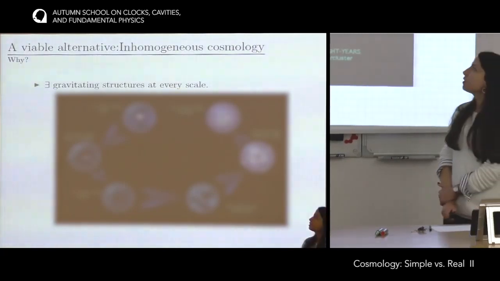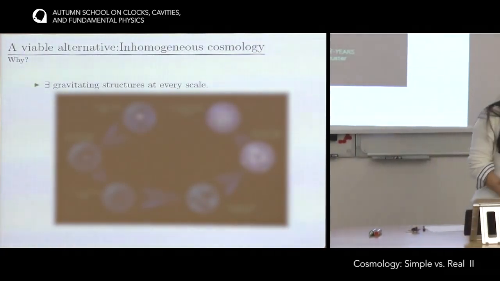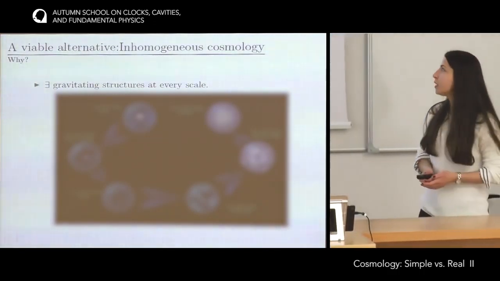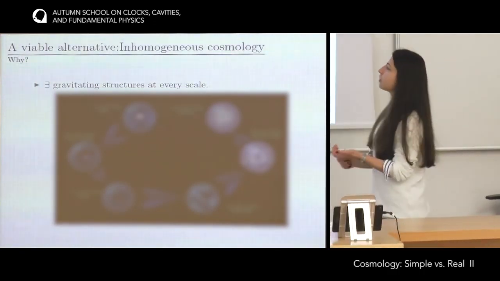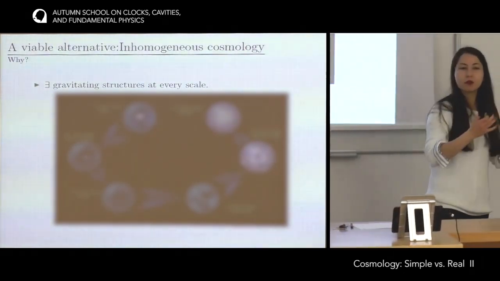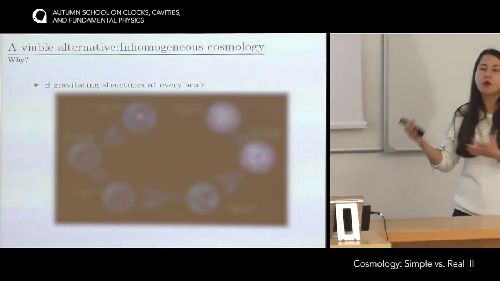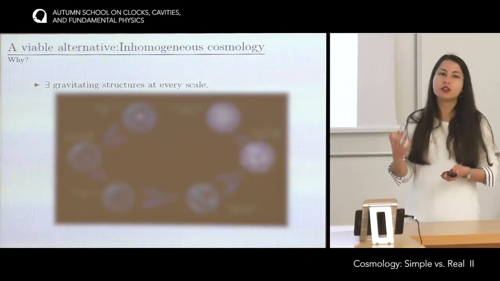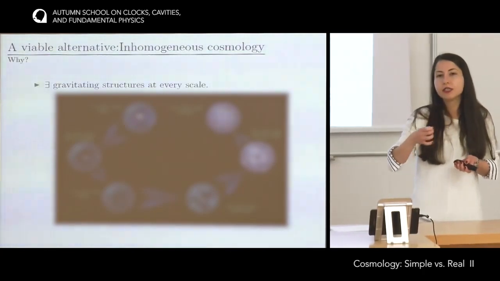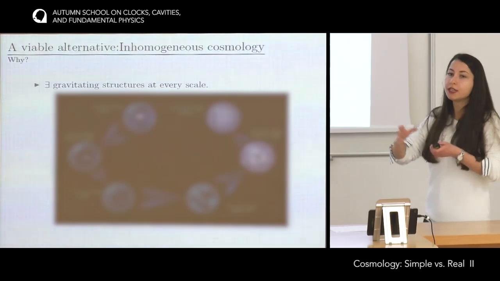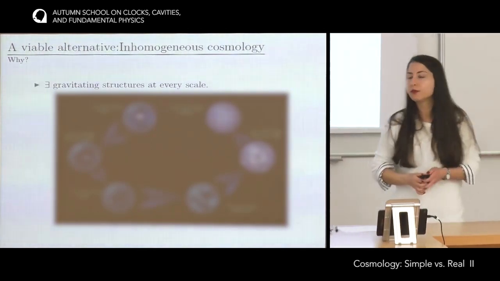And there are gravitating structures at every scale, to which different geometries apply. We have galaxies, galaxy clusters, superclusters, and then all those filaments, voids, and walls in which gravity, or the geometry, is actually different. You cannot assign just one geometry at every scale you look.